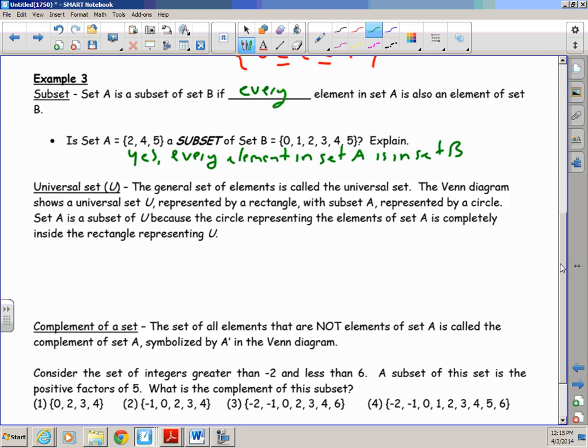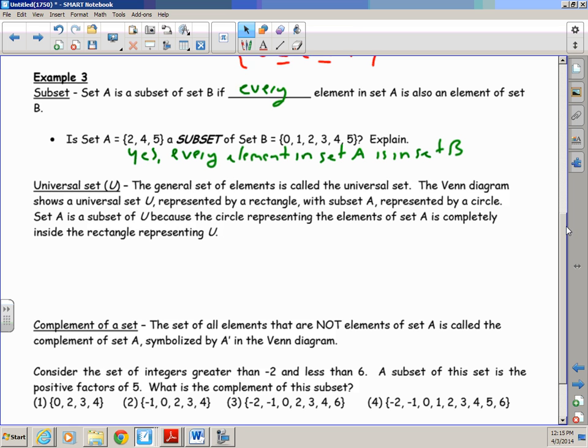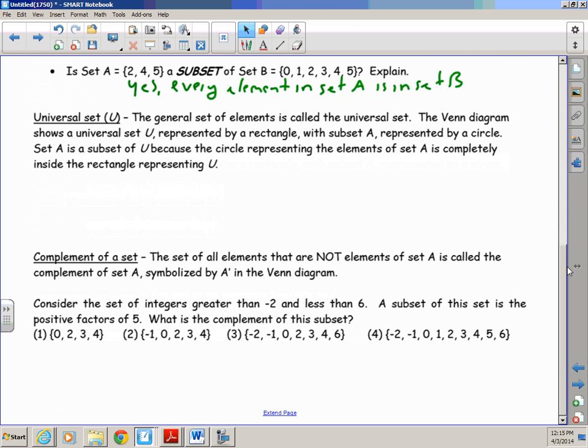Okay? Now, the universal set means every element that is in some particular set. The set of all students in a school, the set of all players on a particular team, or something like that. And what you normally do is you would represent it similar to a Venn diagram.